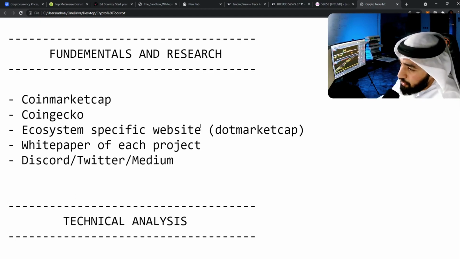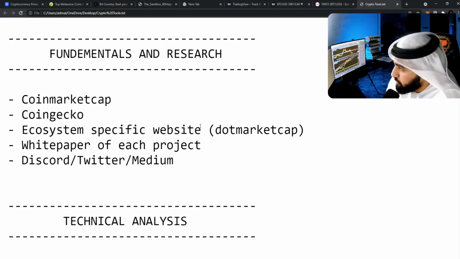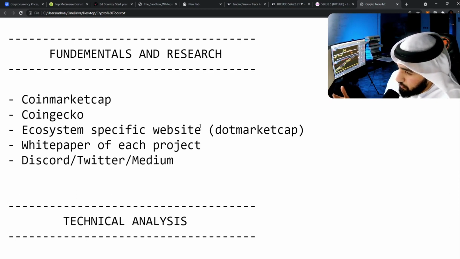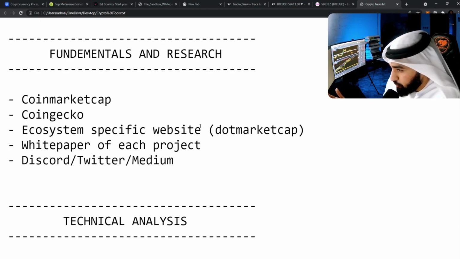Look at the team. Look if they've been involved in previous projects. For example, Polkadot has Gavin Wood with it. Gavin Wood was one of the co-founders of Polkadot. Who's Gavin Wood? He worked on Ethereum. So that gives it that feel, okay, he has experience and he's been working in blockchain before, and now he's done Polkadot. So this might be a good project.